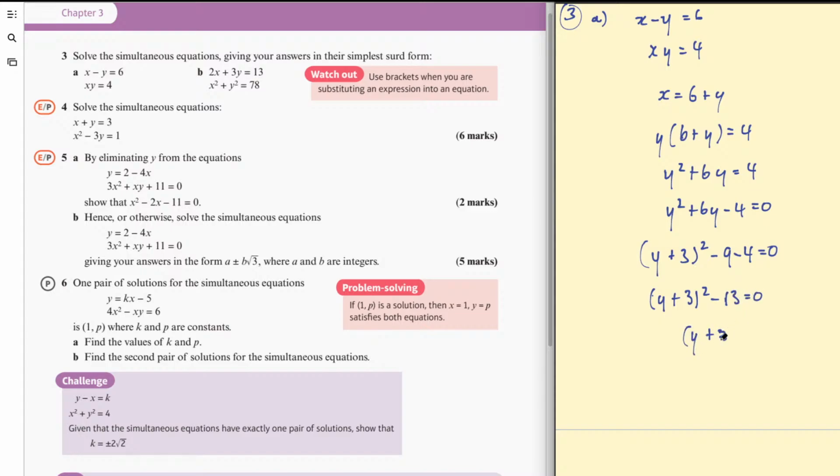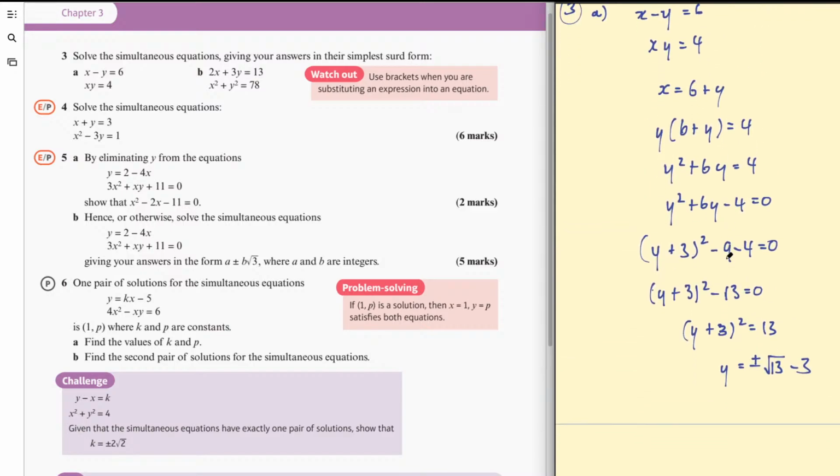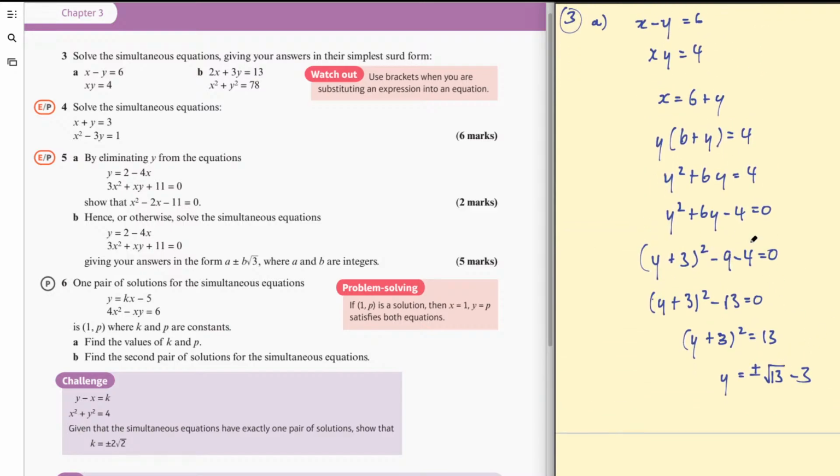And then y plus 3 all squared take 13 equals 0, and then y plus 3 all squared is equal to 13, and then y is equal to positive or negative root 13 take 3. And then we need our values for x.